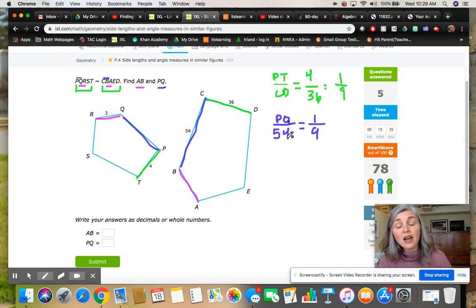Now, you might not have needed to solve for it this way. You might have said, you told me I could divide by 9, and that would give me this one. Yep, that's true. We're going to get 6. But this is a method for those of you who maybe don't see that, okay? So let's call this X for the sake of making this an easier problem and do cross product.